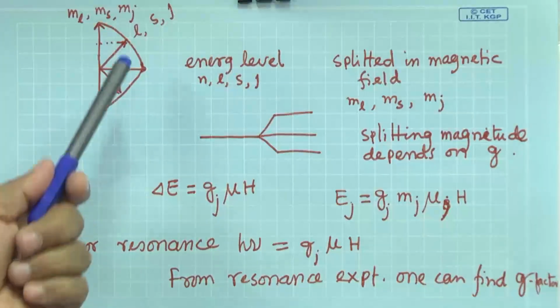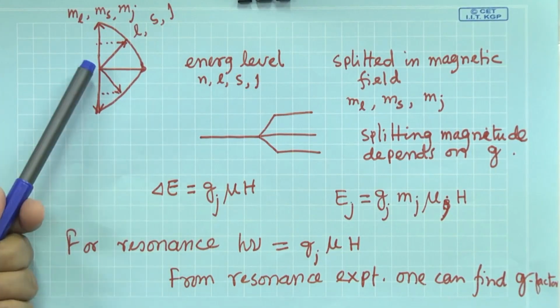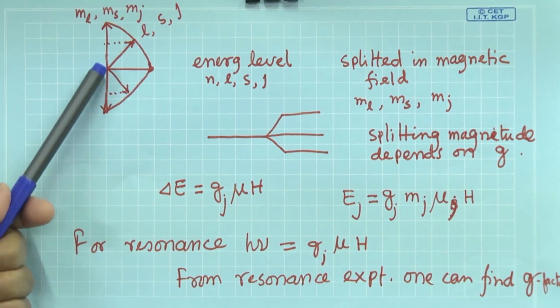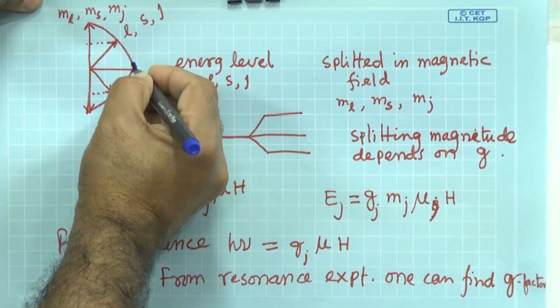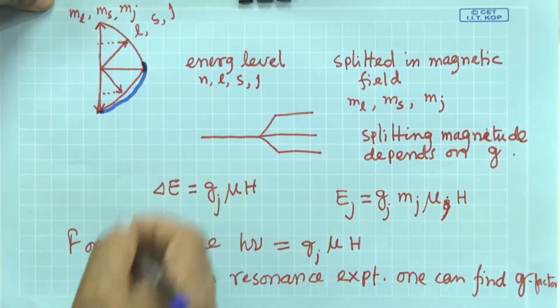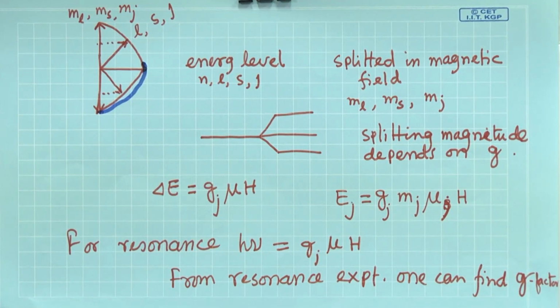So, that space quantization, as I told, is shown with this picture. The picture is not properly drawn; I think it should be semicircular. Okay.